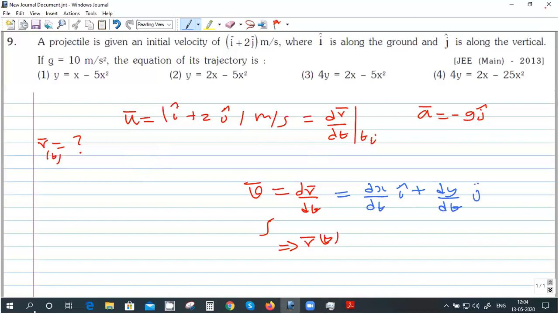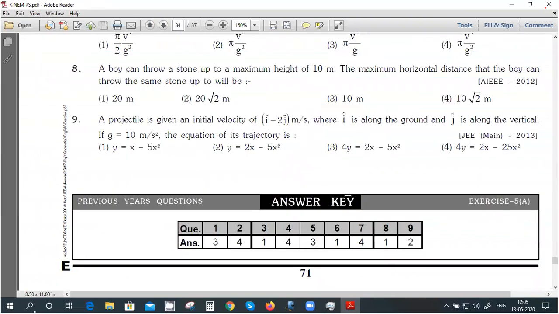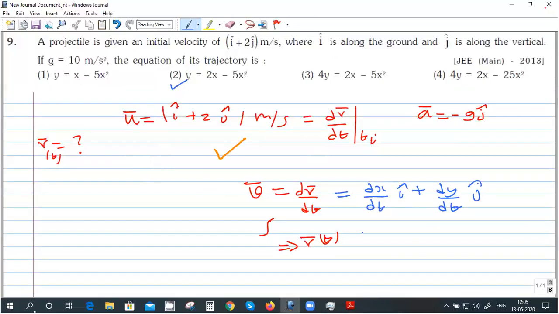Sir, y is equal to 2x minus 5x square. This one, second one. So how did you find out? Sir, y is equal to 2x minus 10x square divided by 2 into 5, 1 by 4.